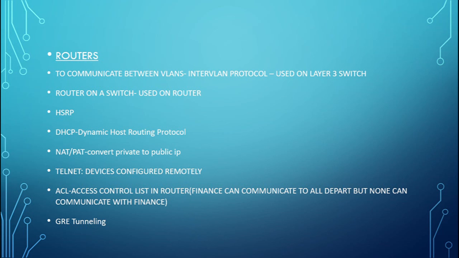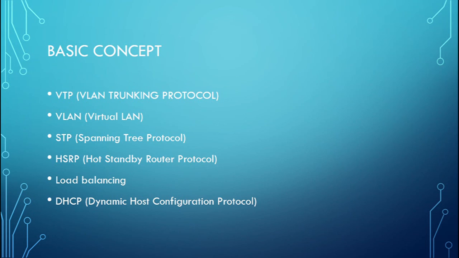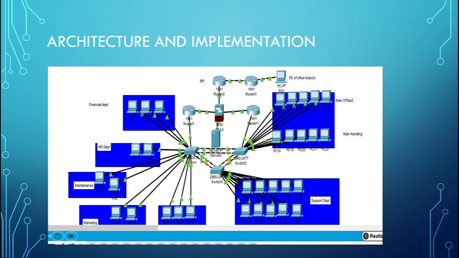Here in this project, a GRE tunnel is built between router 0 and router 3. Through this tunnel, the data can be transferred directly from router 0 to router 3 without the interference of router 2. So in the architecture, you can see there is router 0 and router 3. If the packet is to be sent from router 0 to router 2, there is no interference of router 3 because the GRE tunnel is built between router 0 and router 3.